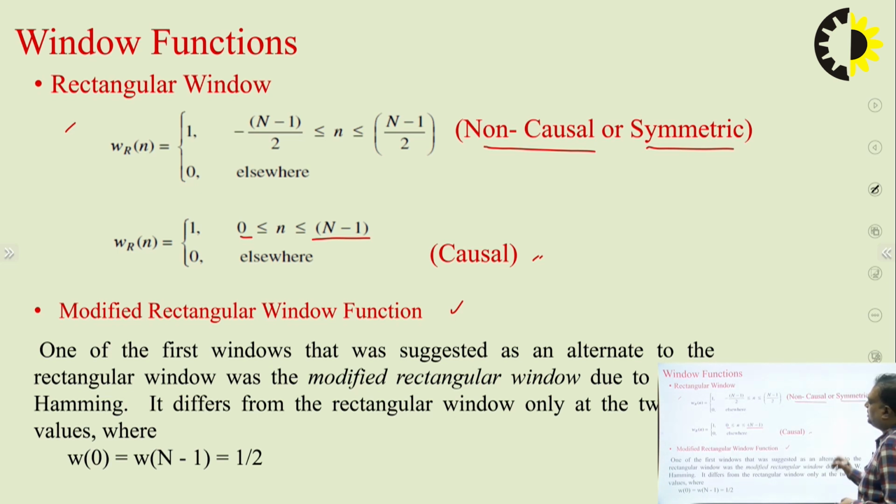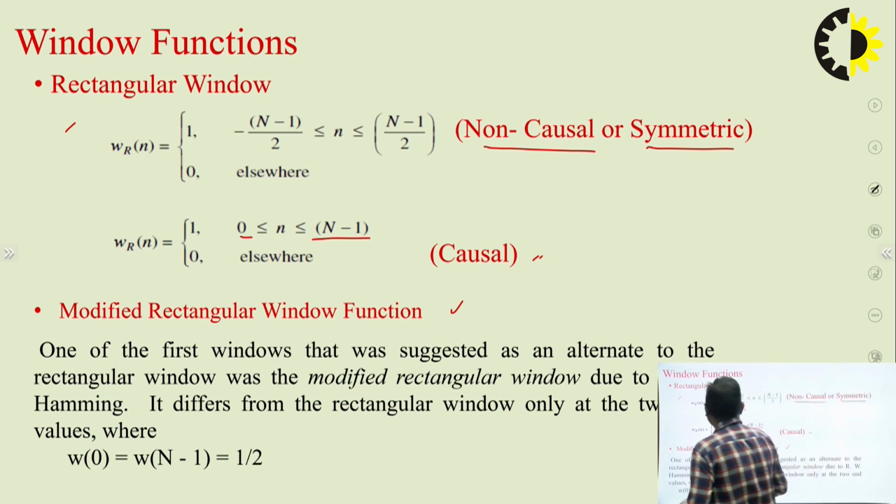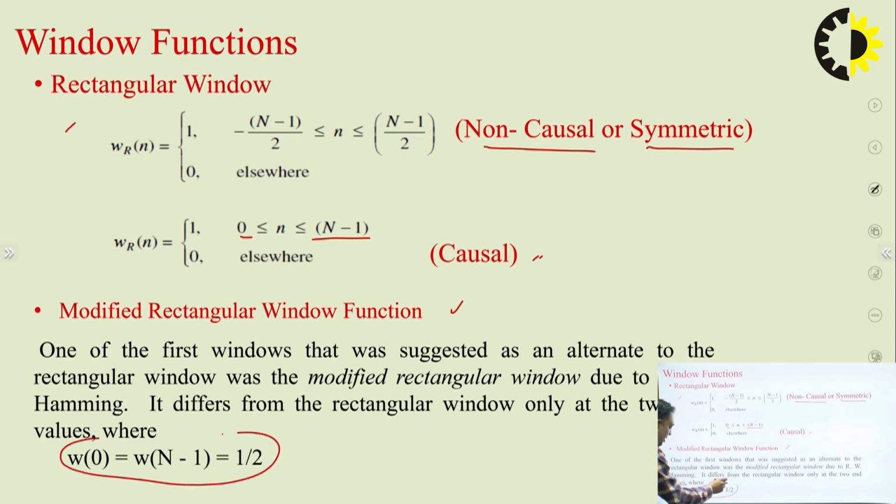It is just a modification of the rectangular window, where we set the first and last samples to half: w[0] = w[N minus 1] = 1/2, and all other values are 1 within this range. We get a somewhat better response than with the rectangular window.